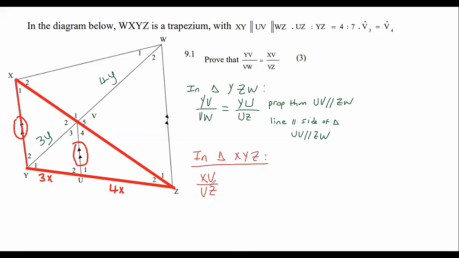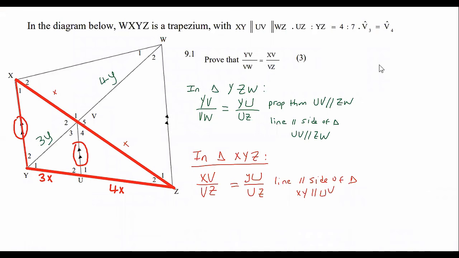I like to get XV over VZ because that's what we have over here. It could help us. And that should be the same as YU over UZ, right? And that's also just going to be line parallel to side of triangle. And the parallel lines here will be XY parallel to UV.